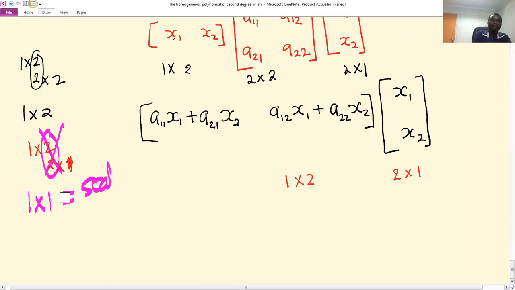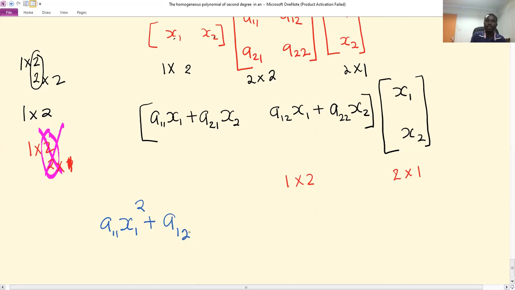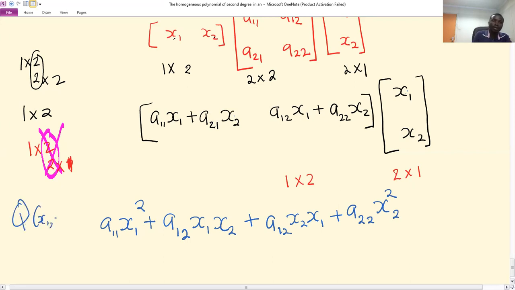So what we get in this product is a11 x1 squared, plus a12 times x1 x2, plus a21 x2 x1, plus a22 x2 squared. So remember, this is our Q of x1, x2.